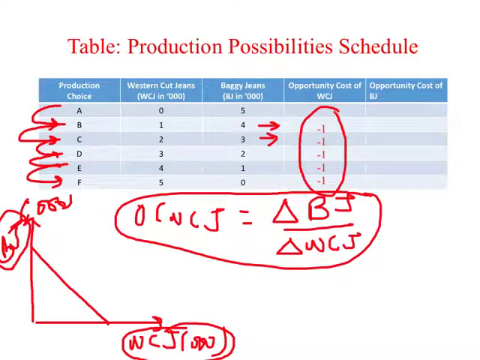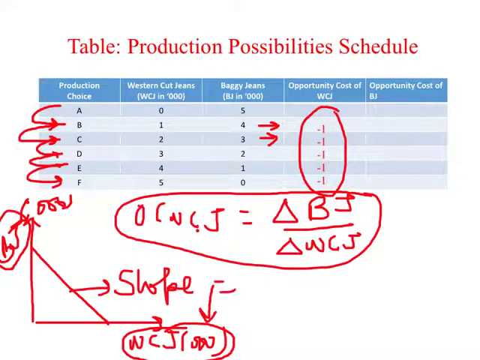Or in other words, the opportunity cost of a good on the horizontal axis is the same thing as the slope of the PPC. And what this means is the following. If opportunity cost is a fixed number, that is, it doesn't change, it's like -1 all throughout, what this represents is a constant cost, or constant slope.